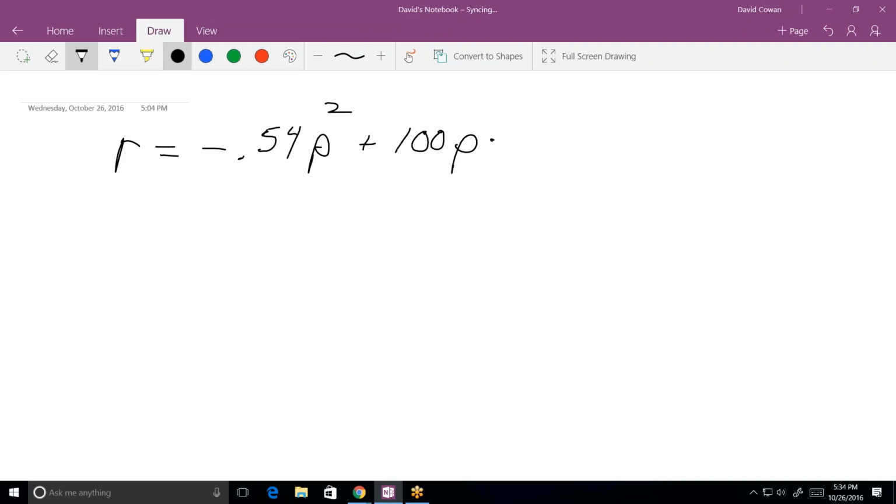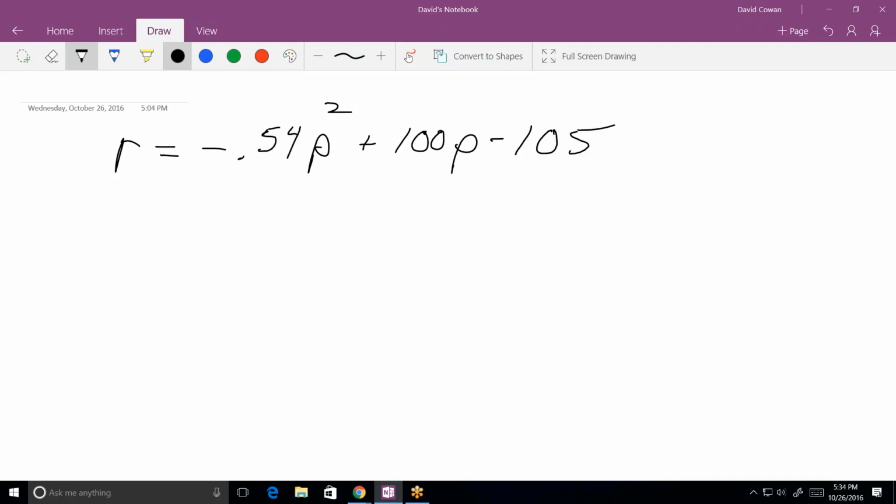P is the number of pounds and R is the revenue.